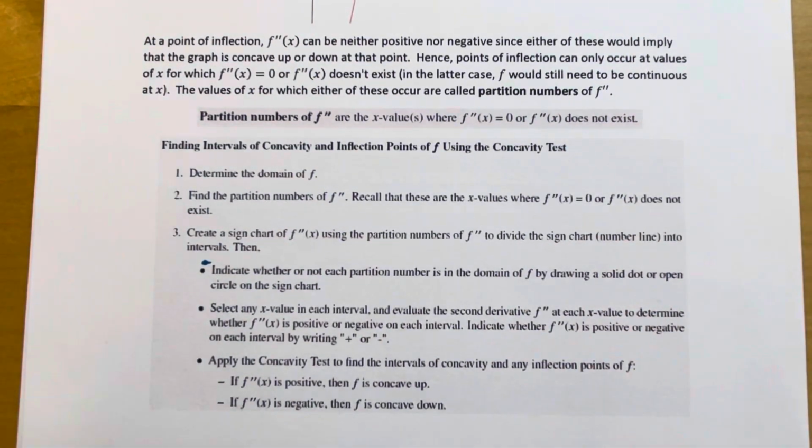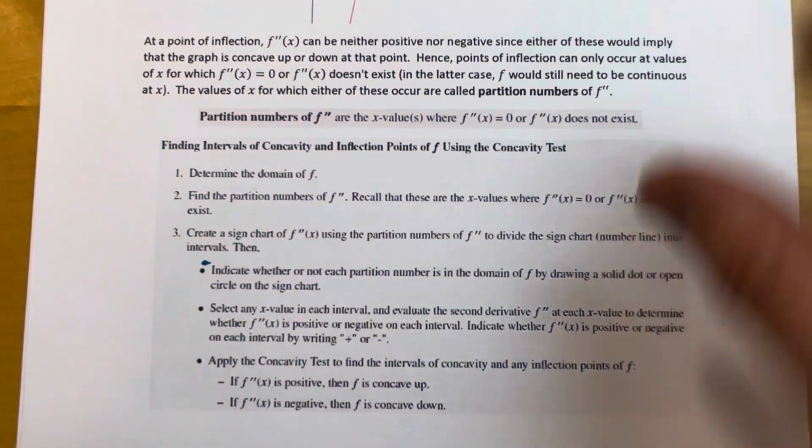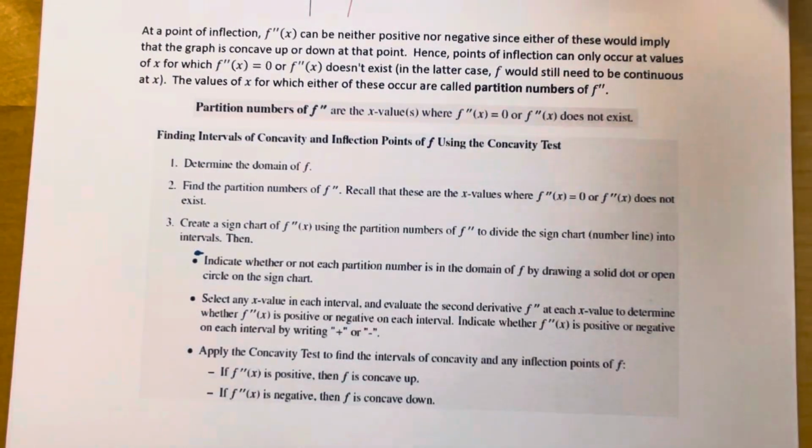But in this case, we're going to use the sign chart in basically the same way we did with the increasing-decreasing test and the first derivative test in the previous section, except we're using f double prime in that process instead of f prime. And the results of that sign test aren't going to tell us if the function is increasing or decreasing. It's going to tell us whether it's concave up or concave down.